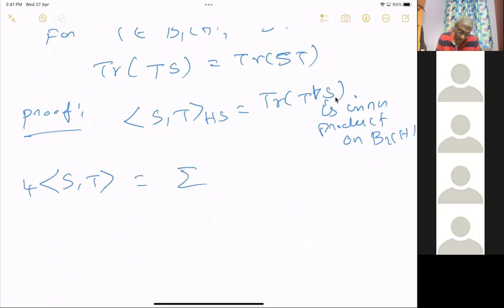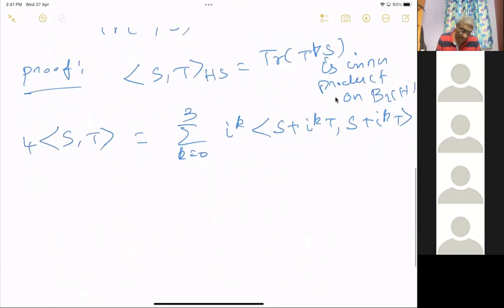So it is equal to the sum over k equal to 0 to 3 of i power k times S plus i power k T, S plus i power k T. I don't want to write it as a norm because you have to take the square and square root. You can write it as a norm if you want, but I write it like this. This is the polarization identity.